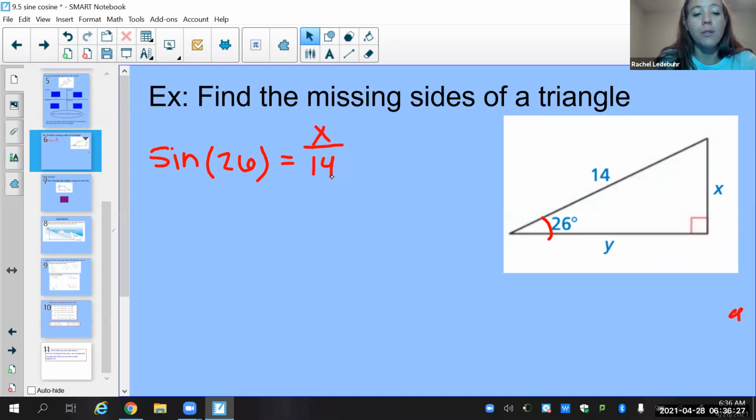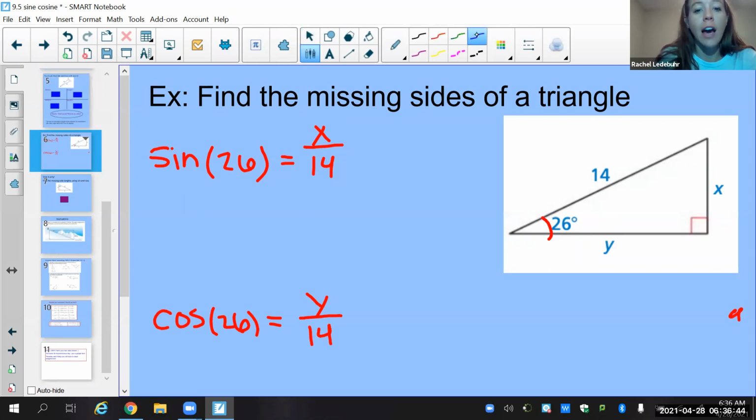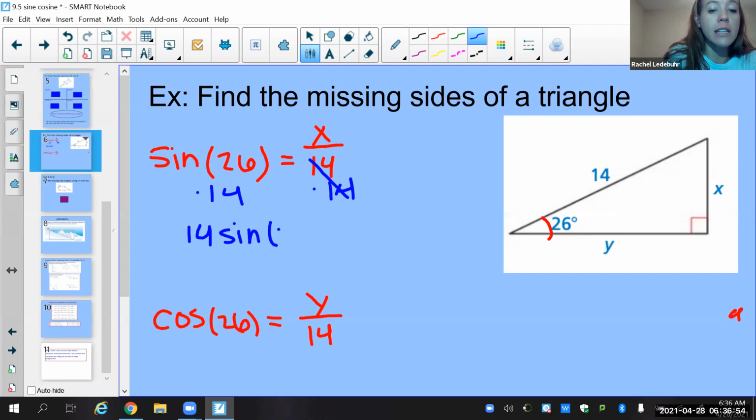Then I can use cosine of 26 because the cosine of 26 would be the adjacent y over the hypotenuse 14. So now to solve this, I'm going to multiply each side by 14. That's a 14, so those go away. And I've got 14 times the sine of 26 is going to equal x.